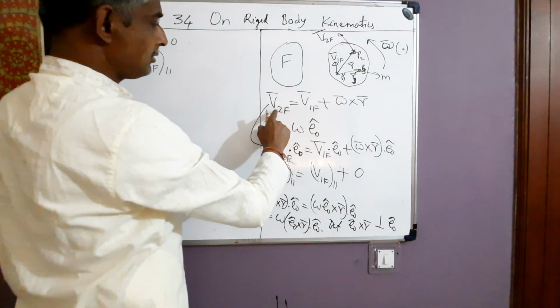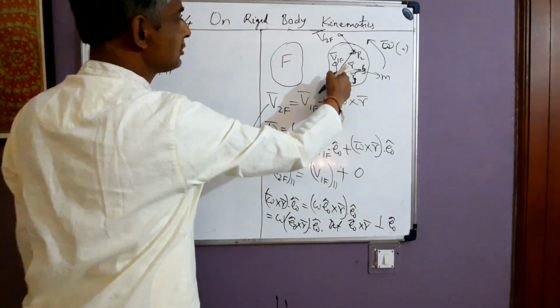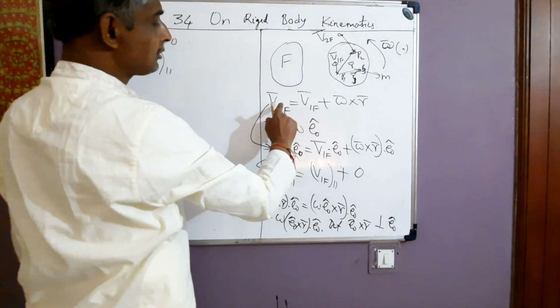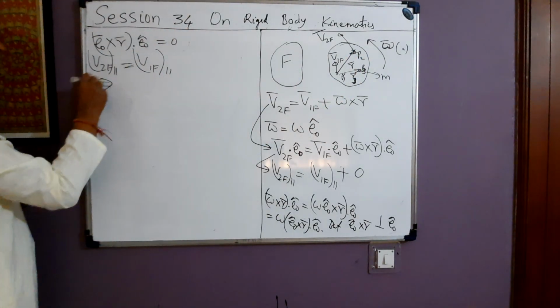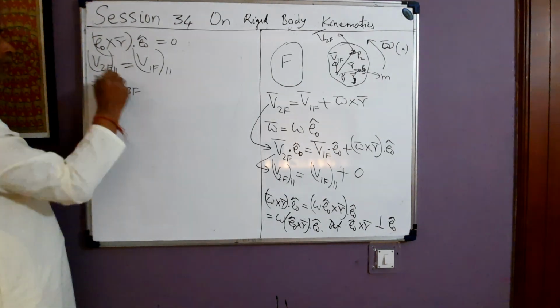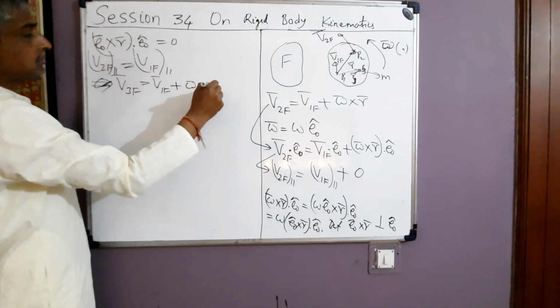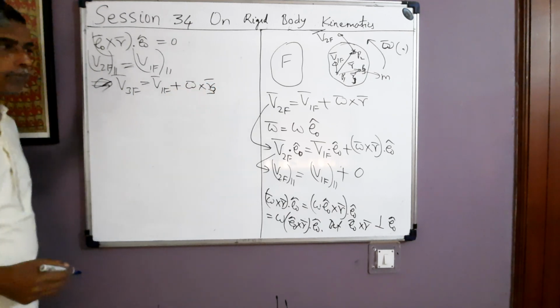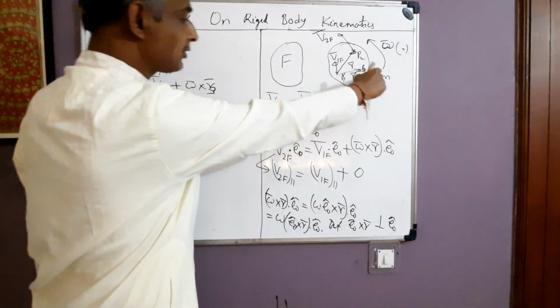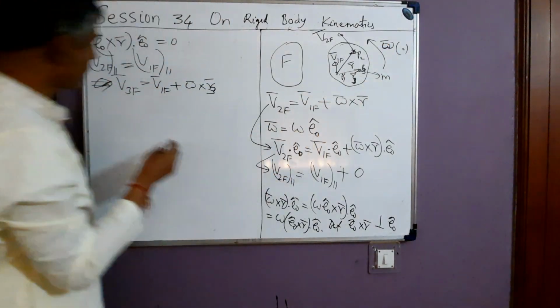Then if we write down this equation for P1 and P3, what do we get? V3F is equal to V1F plus omega cross R3. Again I take the dot product of this equation with E naught hat.